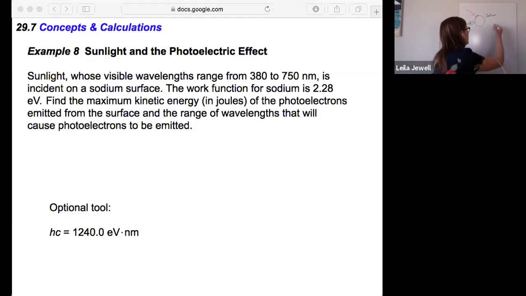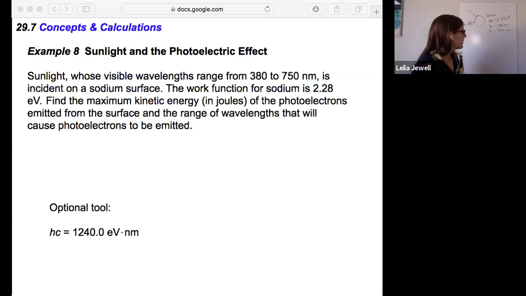Work function W0 for the sodium is 2.28 electron volts. And then they also give the range of visible wavelengths: 380 nanometers up to 750 nanometers.